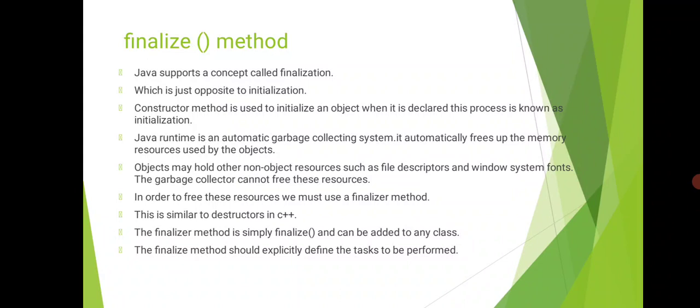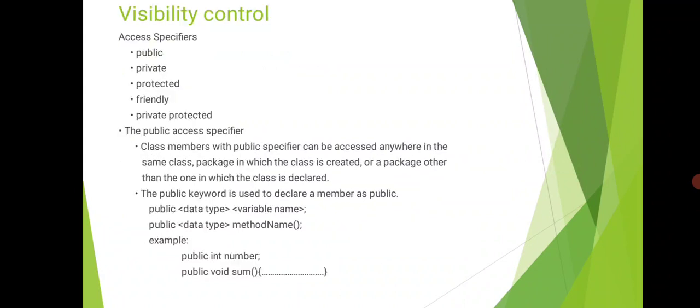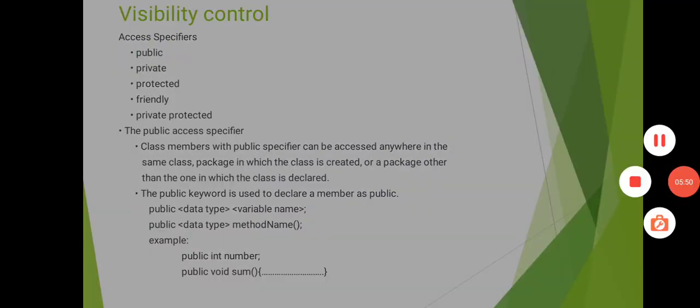Okay, so finalize is a simple method, that is finalize with opening and closing parentheses. That method should be called in any class so that the particular objects are freed or destroyed from the memory. Okay, so next is visibility control.